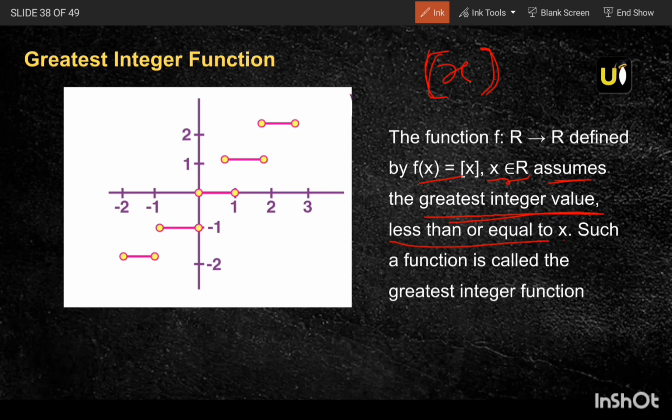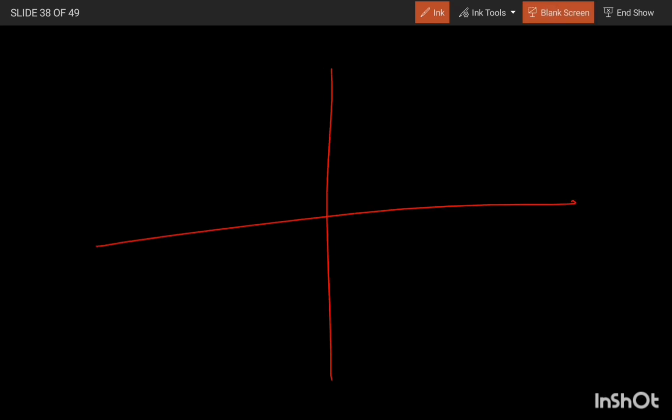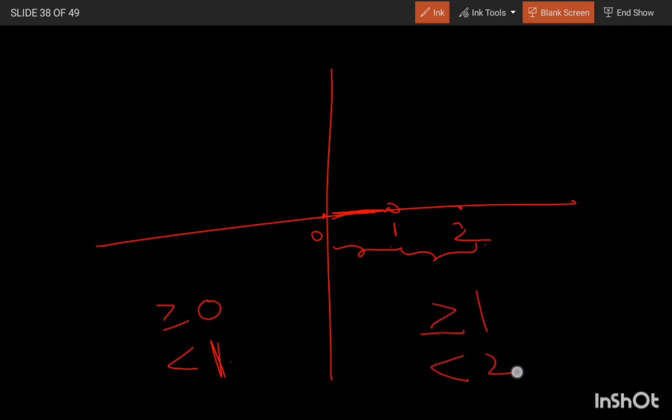The graph will look like this because from x 0 to 1, all the values are greater than or equal to 0 and less than 1. That means greatest integer function for all these values will be 0 itself. Next we are considering 1 to 2. All the numbers in this range are greater than or equal to 1 and less than 2.